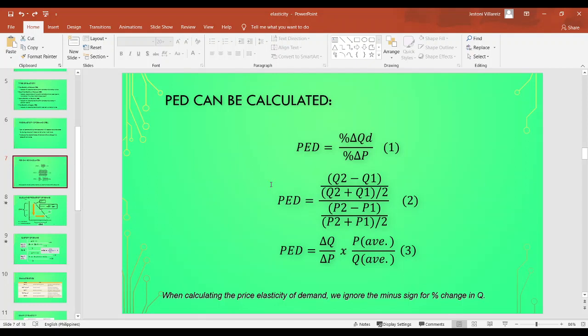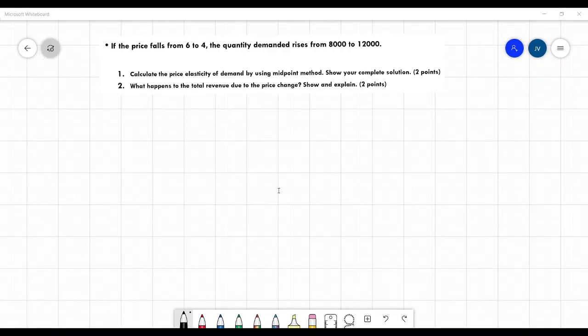Now, for our sample problem, we'll use equation 2, since the values of P are given. So our P1 here is 6, and then our P2 is equal to 4. And then quantity demanded rises from 8,000 to 12,000.